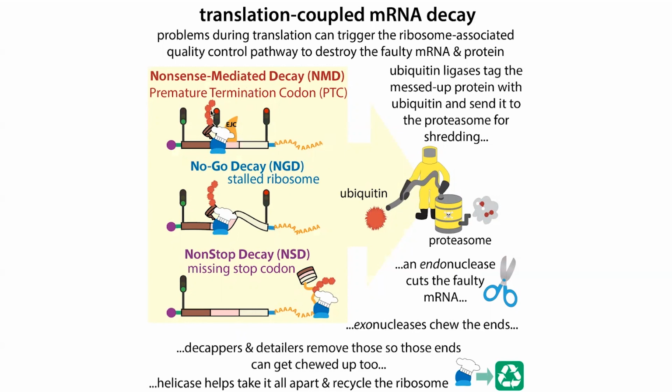So nonsense-mediated decay is a little different. No-go decay and non-stop decay are often referred to as involving the ribosome quality control pathway, or RQC. Although sometimes you see NMD lumped in, and I'm not exactly sure who calls what. But we're going to go over the basic details of all of these. Let's start with nonsense-mediated decay, or NMD.